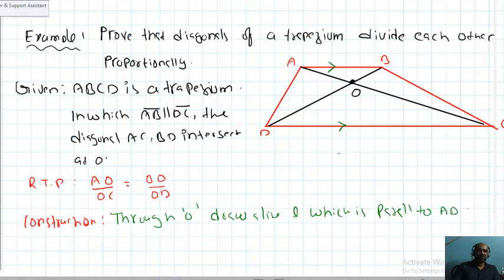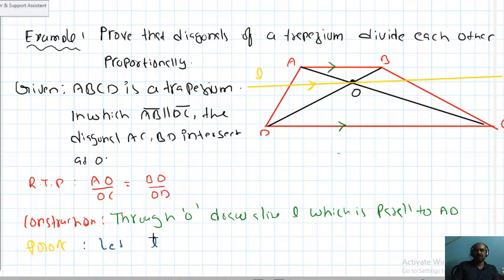Yeah, this yellow color one is the line L parallel to AB. If it's parallel to AB, it's automatically parallel to DC also, because AB is already parallel to DC. So automatically I can say that L is parallel to DC.